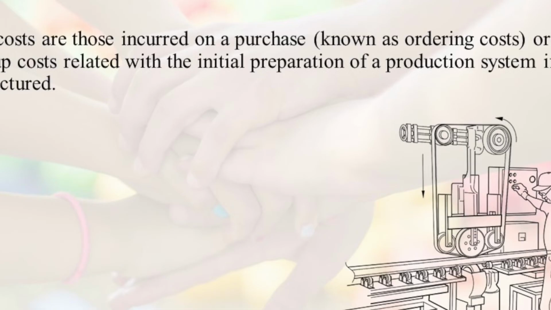Third is the procurement cost. These costs are those which are incurred on the purchase, such as ordering cost, or incurred as a setup cost relating to the initial preparation of the production system if it is manufactured.